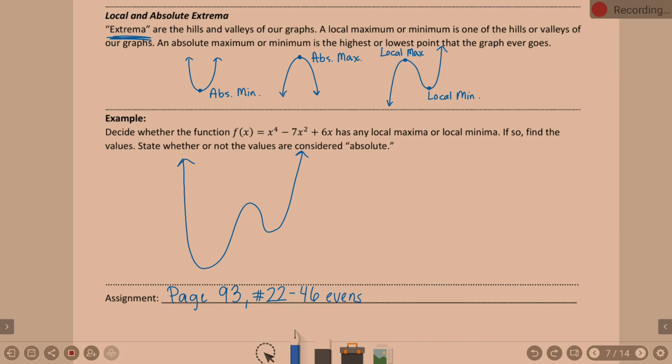Now, shoot, I really am going to have to talk about this more tomorrow. You can see there's going to be a minimum over here, yes? So a zoom out function would be good for that. But it's still on your graph, so it would just be absolute. Okay, but you still have to find the value.